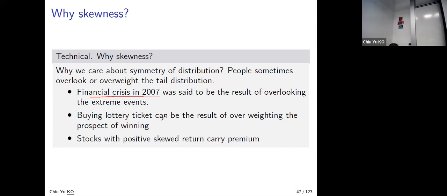Why do we want to buy a lottery ticket? Winning the lottery is very unlikely. But people still buy because it's an unfair bet, even worse than going to Macau to gamble. But you still want to do it, because people think it's unlikely, but it may happen to me.